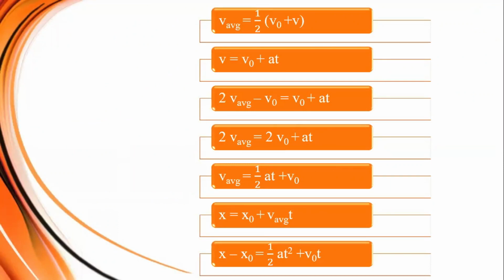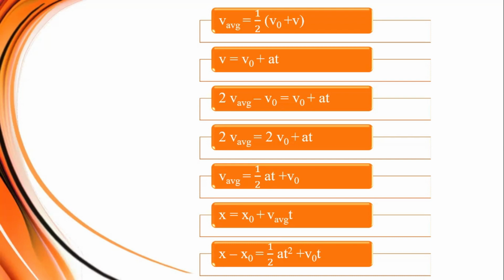Here we have some derivation. Substituting the right side of the equation v equals v0 plus at for v yields, after a little arrangement, 2v average minus v0 equals v0 plus at, and then 2v average equals 2v0 plus at, and v average equals 1/2 at plus v0.